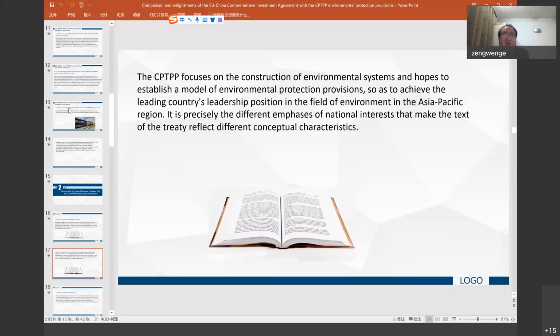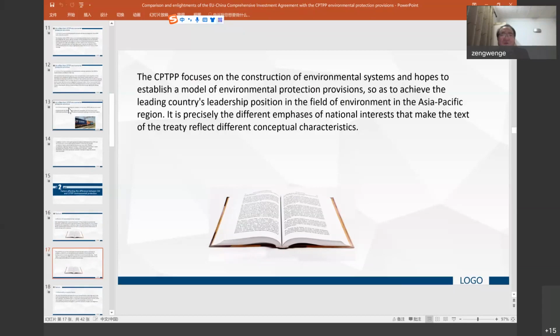Meanwhile, the CPTPP focuses on the construction of environmental systems, establishing a model of environmental protection provisions so as to lead countries and maintain a leadership position in the field of the environment in the region. It is precisely different.